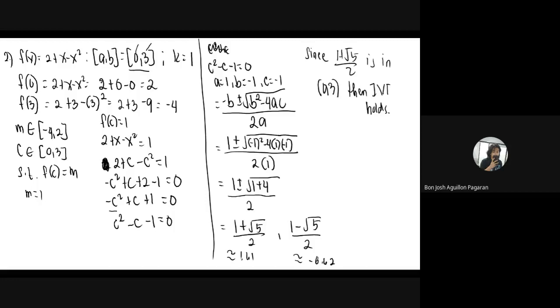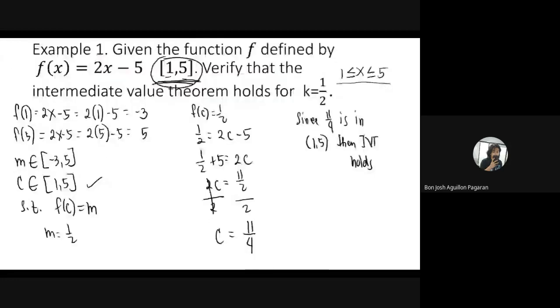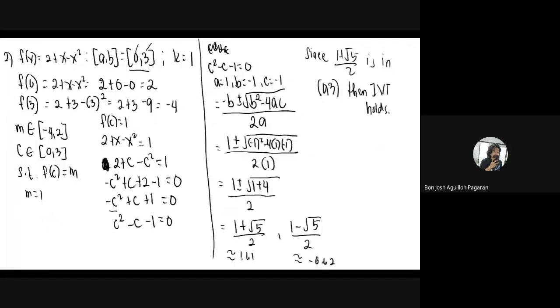Nagkataon lang na at least one yung nakukuha natin kasi yung mga example ko ay polynomial function. And we know during our previous lesson that polynomial functions are continuous everywhere. Nagkakaroon ng problema kapag yan ay radical function or rational function.